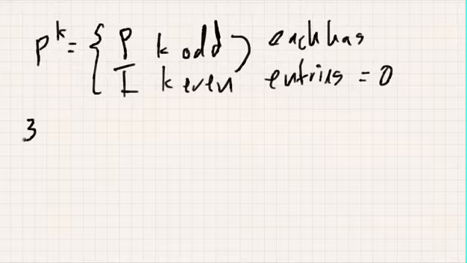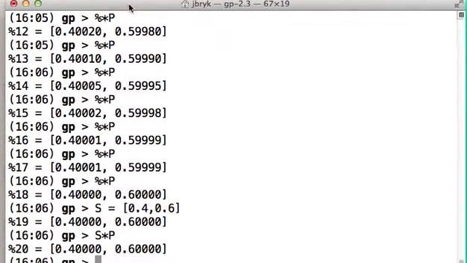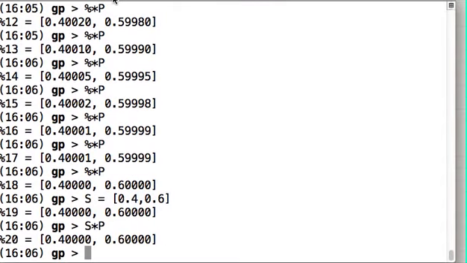Okay, let's look at a third example, and for this example, I'm going to go back to my little calculator, and let's consider the following matrix. The first row is all 1/3. The second row is 1/2, 1/2, 0, and the third row is 1, 0, 0.